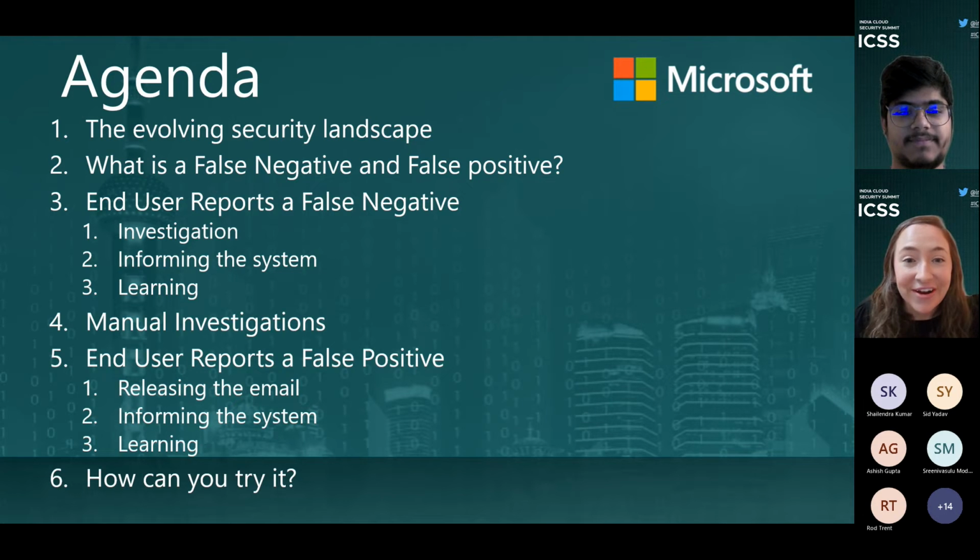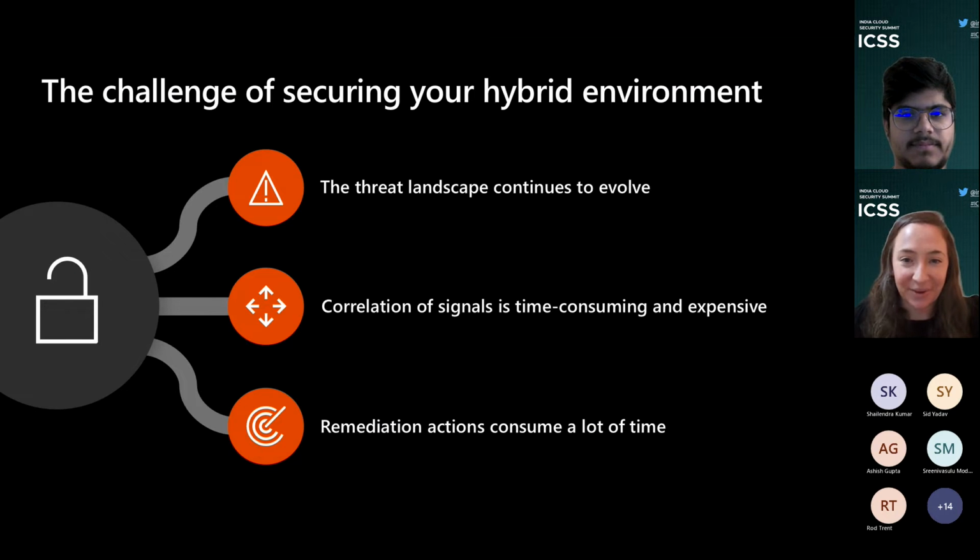So to start, as I'm sure everyone here is abundantly aware, the threat landscape continues to evolve. Threats are coming in from all fronts, and many of those are blocked before entering the space, but as tactics evolve, there are some threats that slide in and try to compromise your organization.